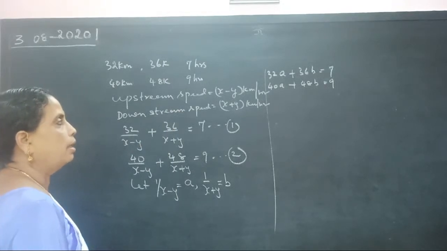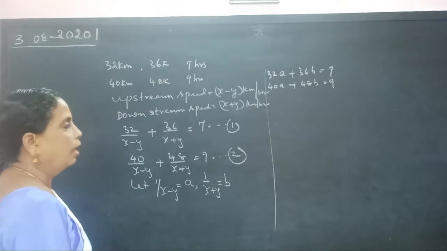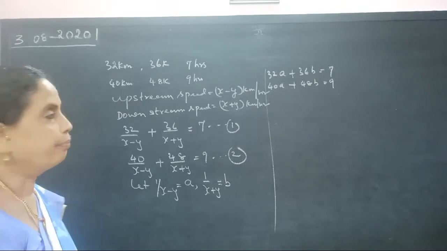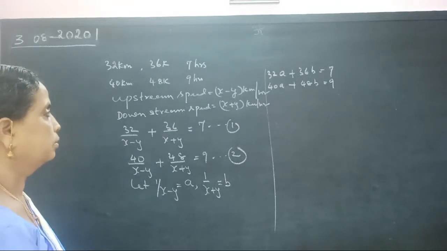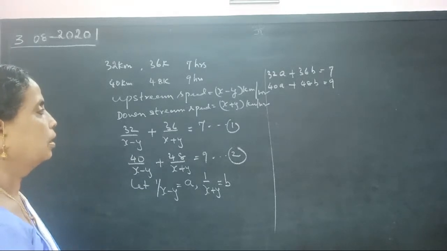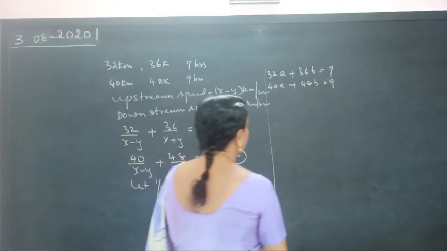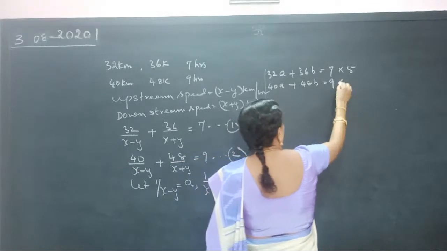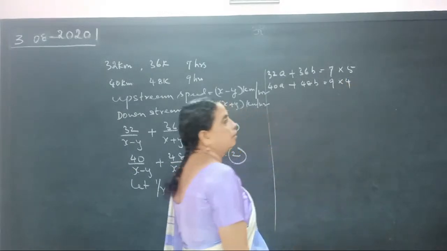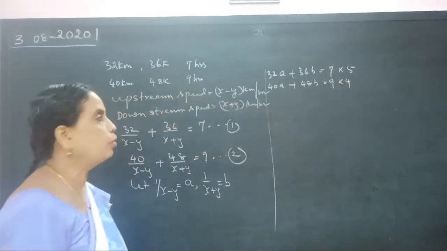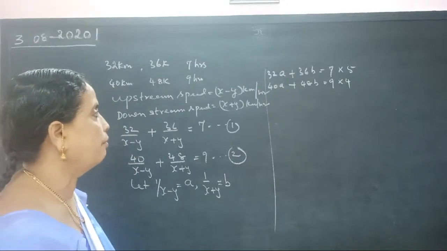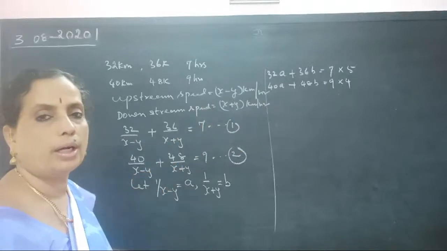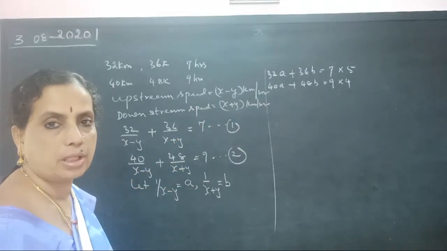So by which number should I multiply so that the coefficient of a or b will be the same? If I multiply this by 5 and this by 4, is it okay? 32 into 5, 5 2s are 10, 5 3s are 15 plus 1, 160. 4 into 40, you will get again 160.